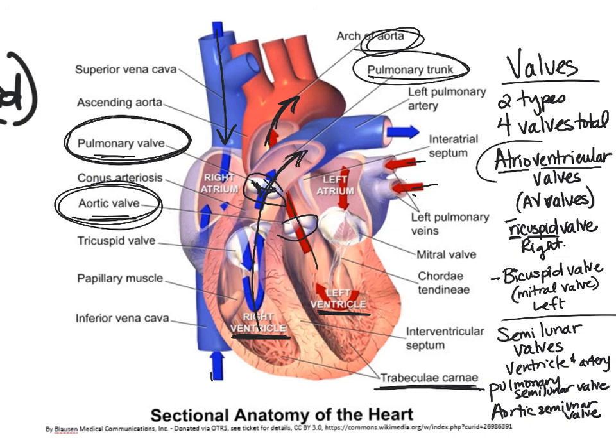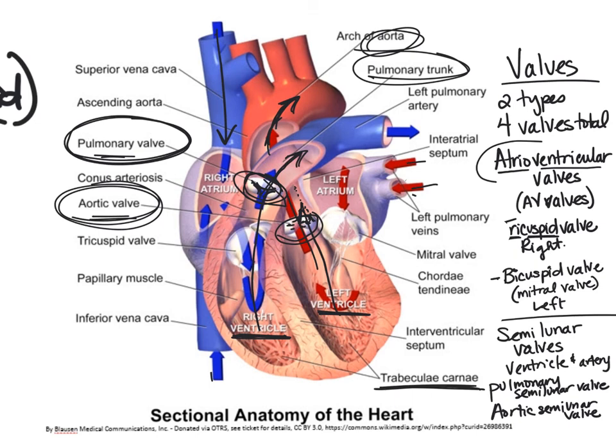This one will push open, allow the blood to go into the aorta. And then when that contraction is done, when the ventricles are no longer contracting and forcing blood out of them, then they're going to relax, and then these valves will be closed. So they kind of relax, and then these cusps, these flaps of tissue are going to settle down and be closed again. And then that is going to allow any blood that was in here to kind of pool up in this area and then keep this closed until the next contraction comes to force the blood out again.